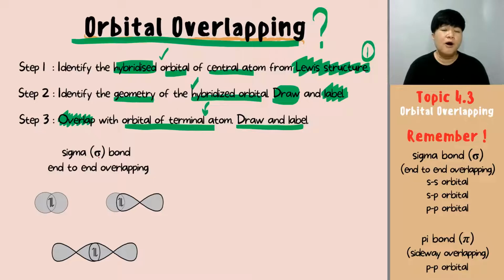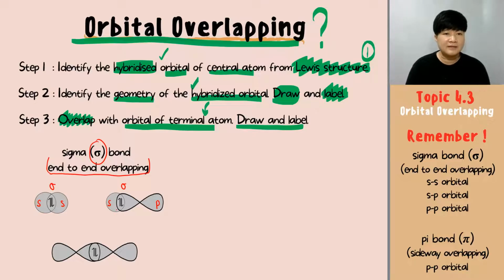So, talking about orbital overlapping, we have two different types. One is your end-to-end overlapping. I hope you remember that end-to-end overlapping is for the sigma bond. And we have three different end-to-end overlappings. You can have your s orbital overlap with your s orbital, forming a sigma bond by end-to-end overlapping, or you can have your s orbital overlap end-to-end with the p orbital to form another sigma bond.